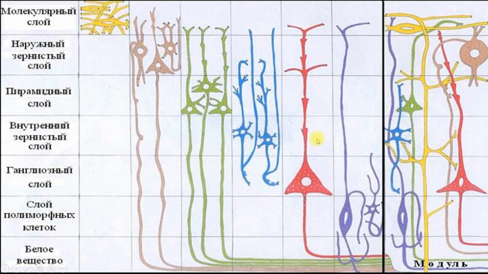And here we can see the appearance of cells of different layers. It's molecular layer, outer granular layer, mainly round or star-like cells, outer pyramidal layer, small pyramidal cells, inner granular layer, also star-like or round cells, inner pyramidal or ganglionic layer or a layer of giant pyramidal cells or Betz cells.